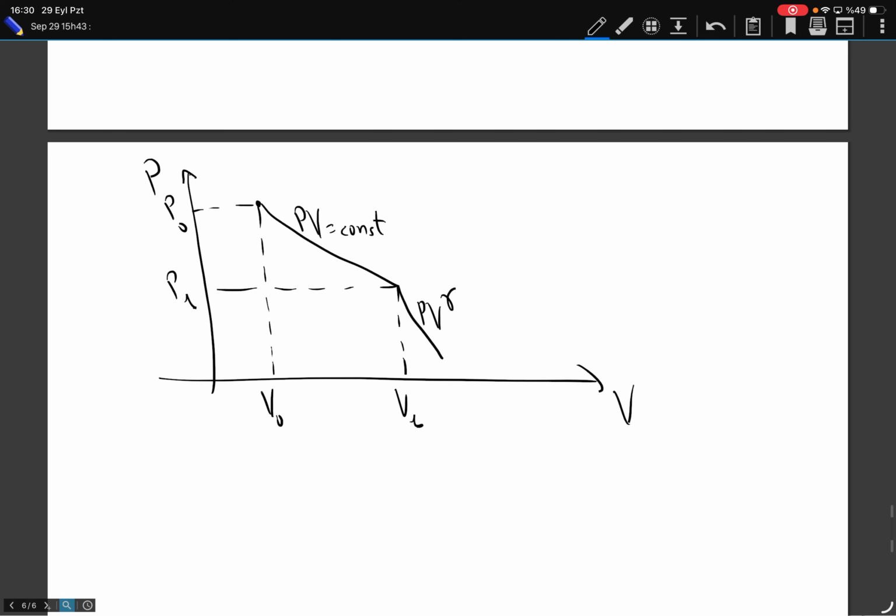Gamma is larger than 1, so it is dropping faster now. Let's say this is at T1. And now the volume is V2, pressure is P2. It has a large volume and a small temperature, so the pressure is really low.